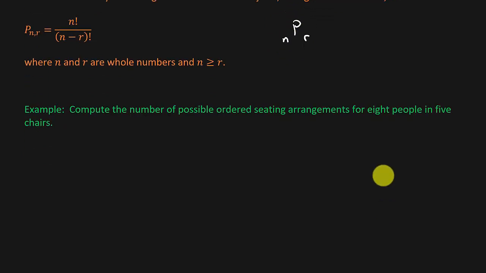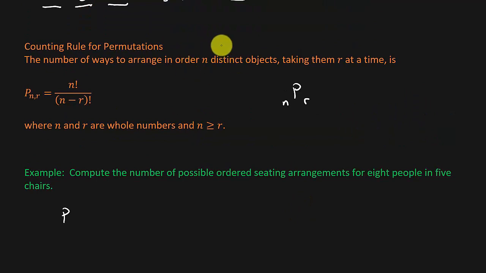All right, so this example says compute the number of possible ordered seating arrangements for 8 people and 5 chairs. Well, that's a permutation. So how many people do we have? Now remember, n is how many objects you have.